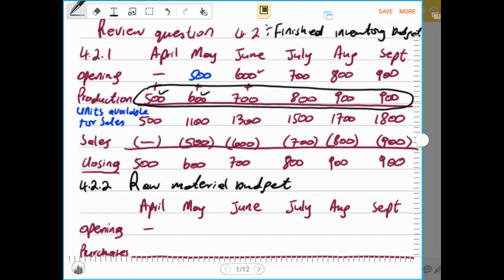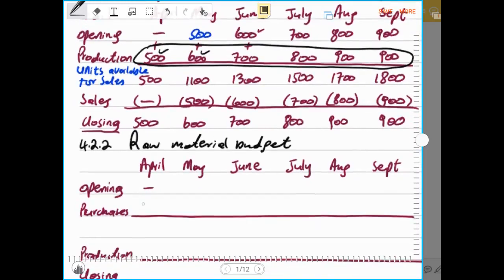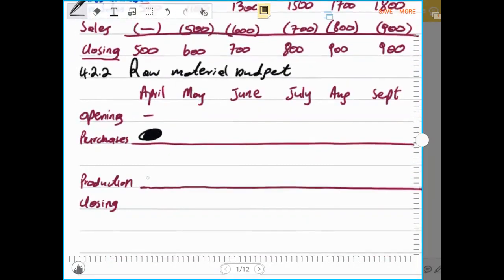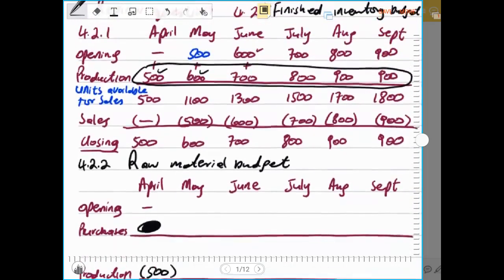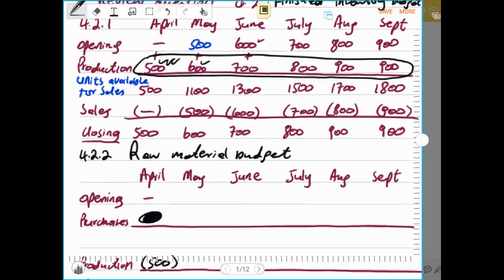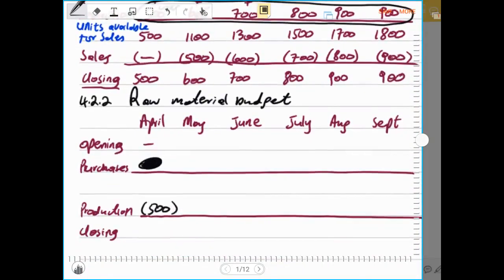So now, in other words, whatever we record here as purchases, we have to make sure that after the production of 500, because we have seen that production in the month of April is 500, we have to make sure that our purchases that we record here, after we deduct the production of 500 units, the remainder should be equal to the planned production for next month.